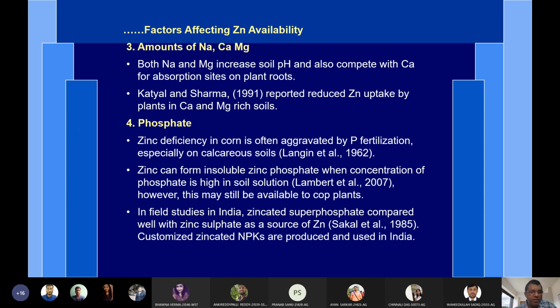However, this may still be available to the crop plants. In field studies in India, zincated superphosphate compared well with zinc superphosphate as a source of zinc. Customized zincated NPKs are produced and used. These days, a lot of value-added fertilizer products are coming in the market.